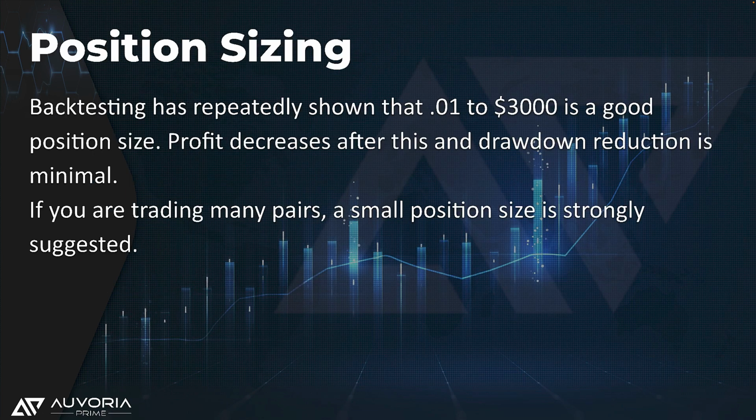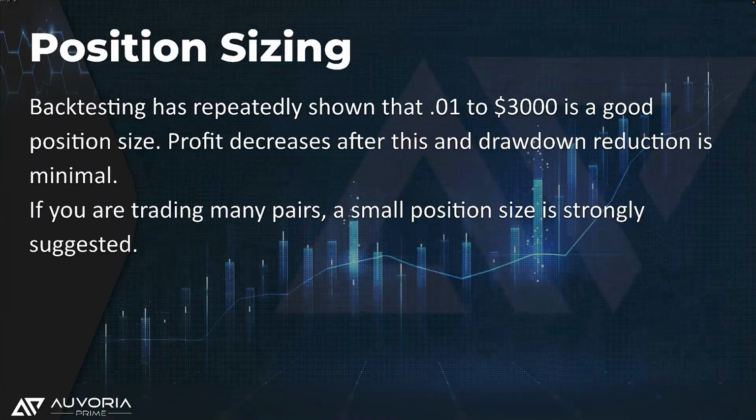So what have we learned about position sizes from backtesting? Well, as we backtested anywhere from 0.01 to 1,000, 2,000, 3,000, 4,000, 5,000, we've discovered that 0.01 to 3,000 is a good position size.